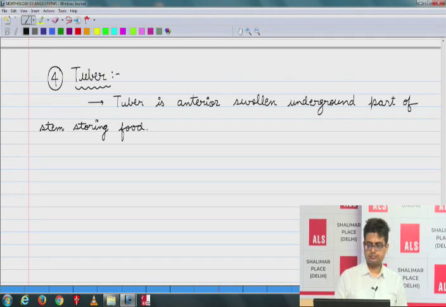Okay. And it is having a skin-like structure over it, and it is covered by some structures called the eyes of potato, something like that. Okay, so let me draw it.